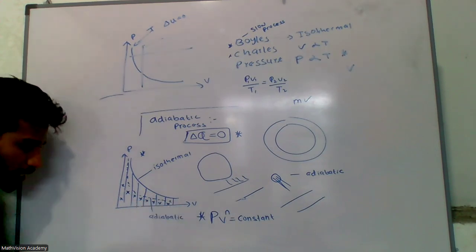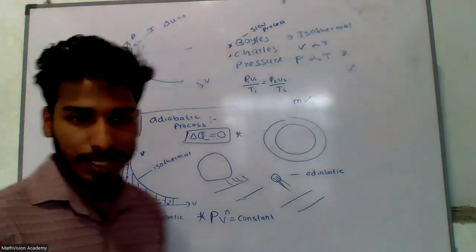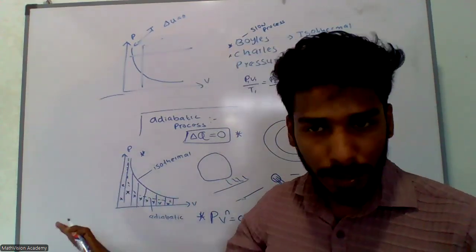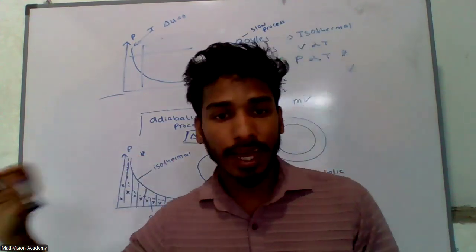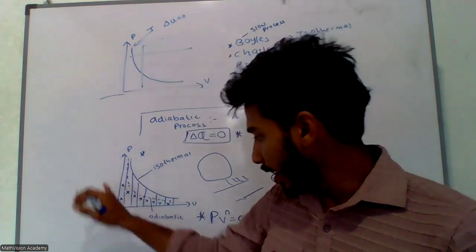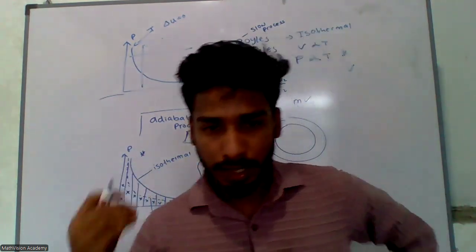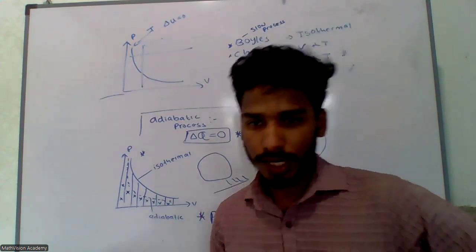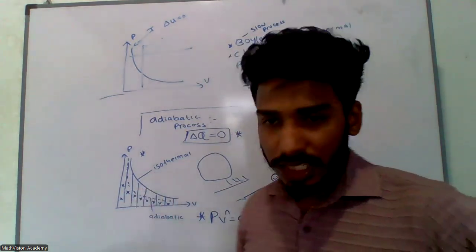Okay, I just mark in stars. So you should understand there is only a smaller area covered by an adiabatic process than an isothermal process. So you can just note that also down. Adiabatic process covers a smaller area than an isothermal pathway.